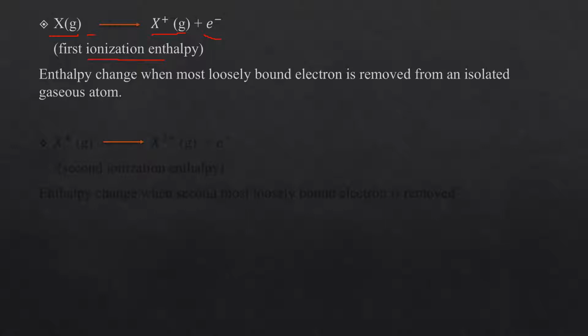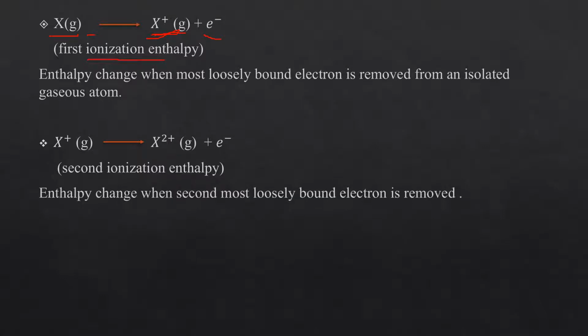Now similarly, if we have to remove an electron from this ion, X positive, in the gaseous state, it becomes X2 positive plus removal of 1 electron, and at that time the energy is known as the second ionization enthalpy or second ionization energy.